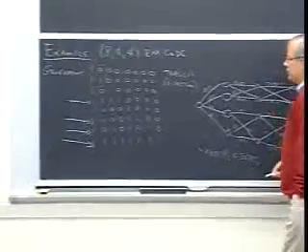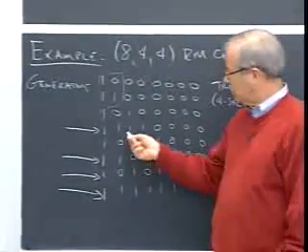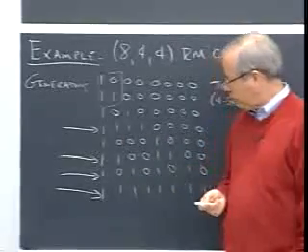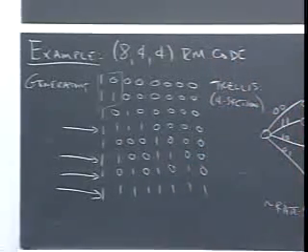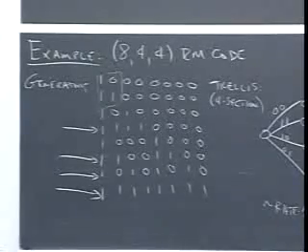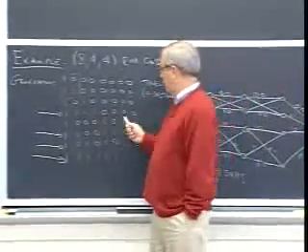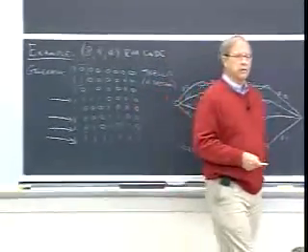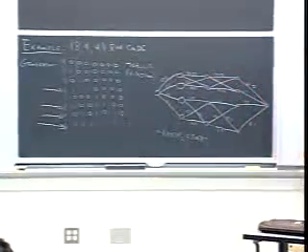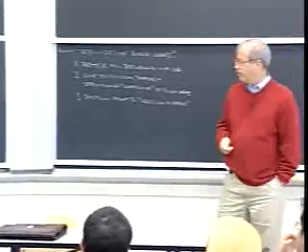We pick the rows that have weight 4 or greater, and they are the generators of the 8,4,4 Reed-Muller code. It's the 16 code words generated by these 4 generators. This goes back to the first part of the term, but I hope you recall that fairly quickly.